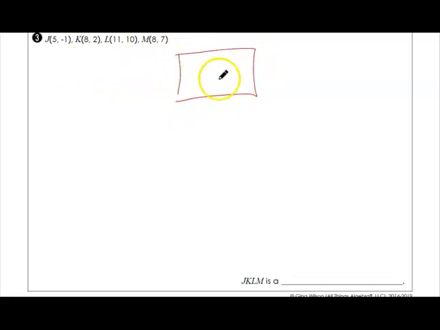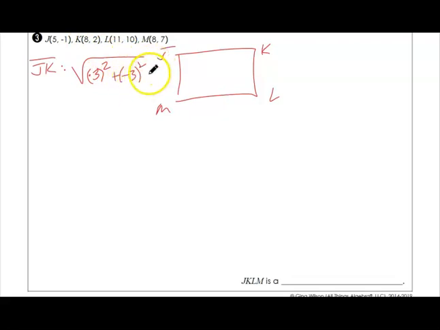So we have J, K, L, M. Let's find JK. 5 minus 8 is -3 squared. And -1 minus 2 is -3 squared. So that's going to be the square root of 18.